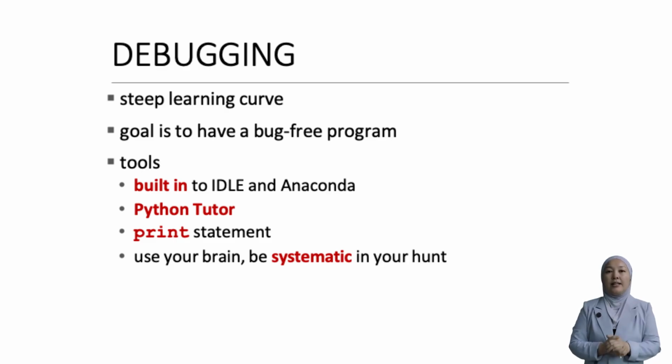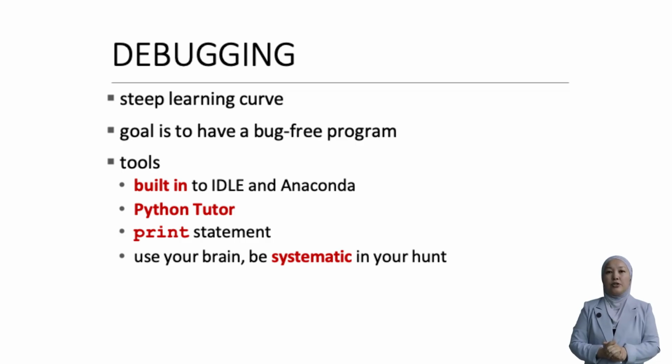The ultimate goal is a bug-free program, or at least one where known bugs are understood and managed. To achieve this, we use both tools and methodology. Python provides several helpful tools. Integrated development environments like IDLE and Anaconda have built-in debuggers that allow you to step through code, inspect variables, and control execution.